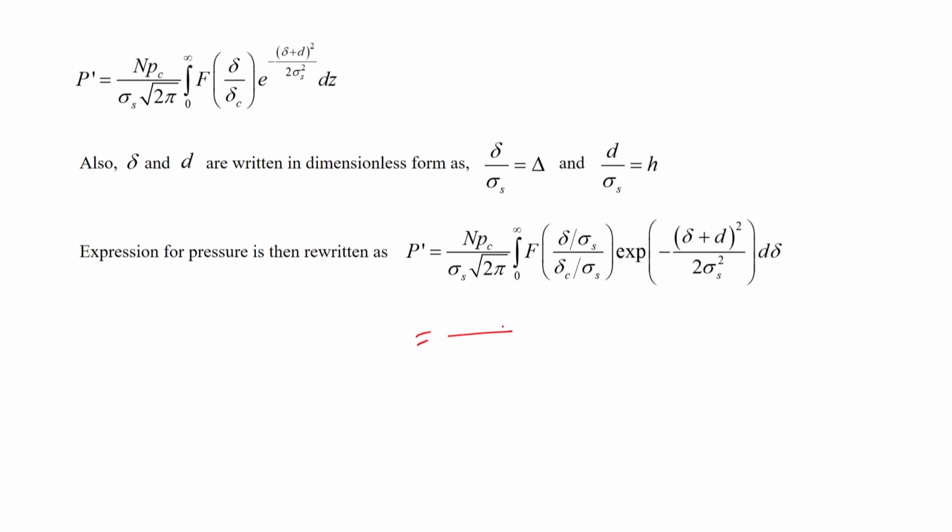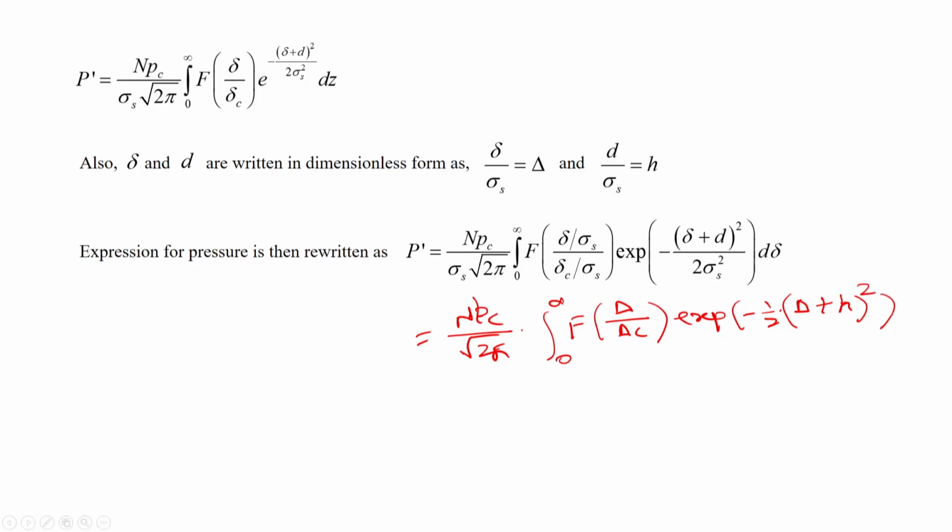Here we will get n, this is Pc by square root of 2 pi, from 0 to infinity, and this is a function of capital delta by delta c here, and exponential minus half of delta by sigma s, so that is capital delta plus h, where h is d by sigma s, like that, and delta divided by this sigma s, that is capital delta.